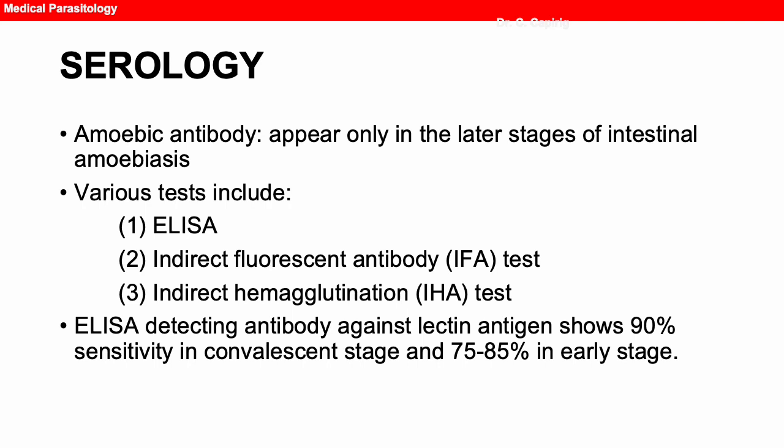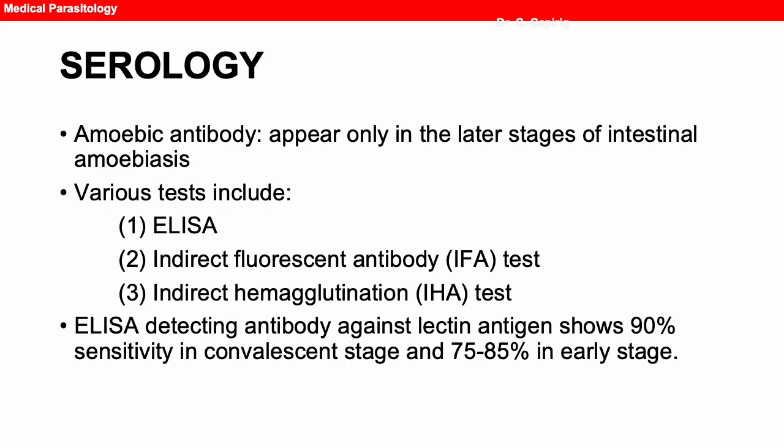ELISA detecting antibody against lectin antigen shows 90% sensitivity in the convalescent stage and 75 to 85% in the early stage. When you say convalescent, it's usually at the later stage of the infection, meaning the patient is already recovering. So as you can see, the sensitivity goes higher if the test is done at a later stage of the infection.